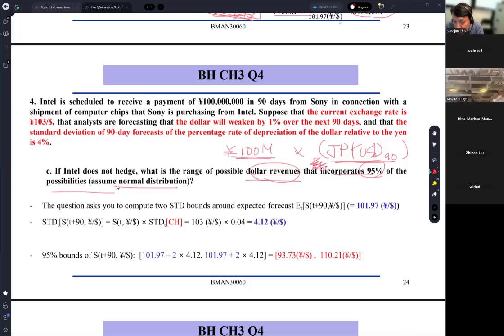This times this is going to be your dollar revenue. Now, whenever you see this kind of question, you need to start with getting the 95% bound of USD/JPY.